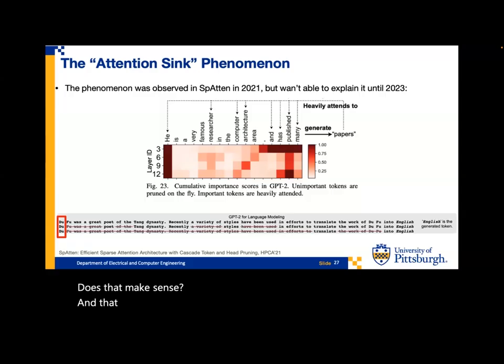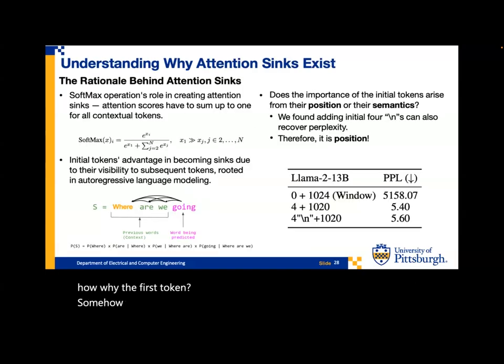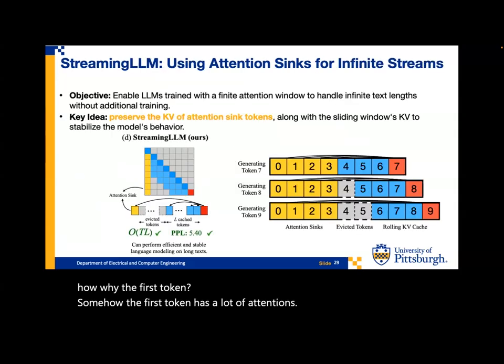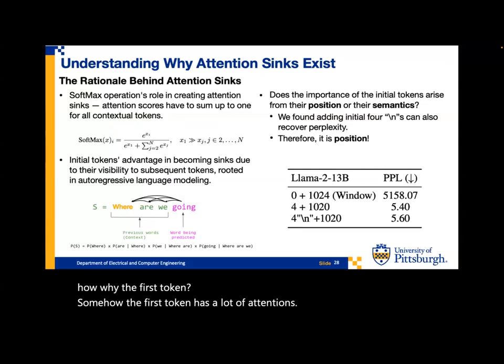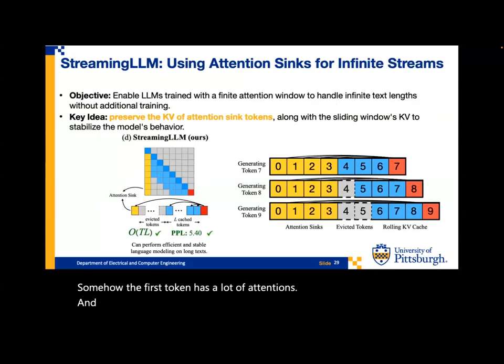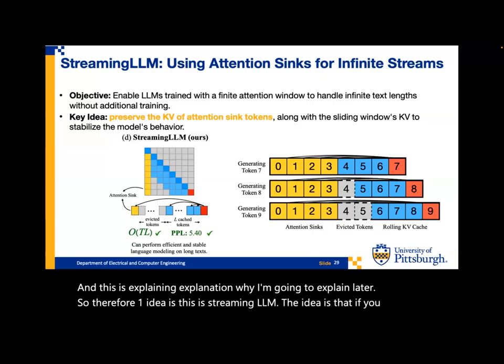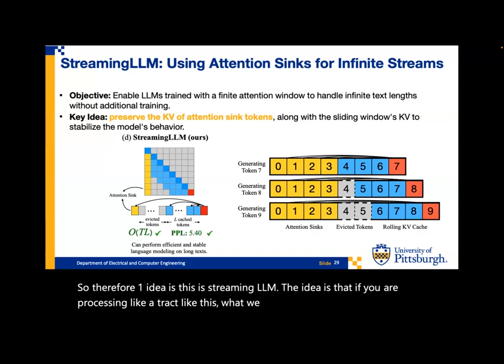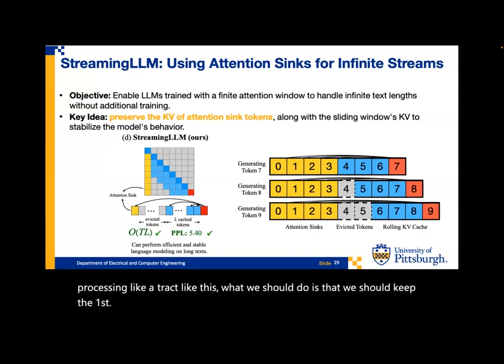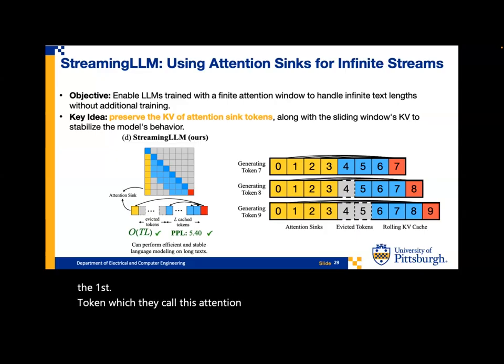Does that make sense? And that works actually. This one also gives you more illustration of why the first token somehow has a lot of attention. I'm going to explain the reason later. So one idea is StreamingLLM. If you are processing a chat like this, what we should do is keep the first token, which they call the attention sink, and then just keep moving forward.